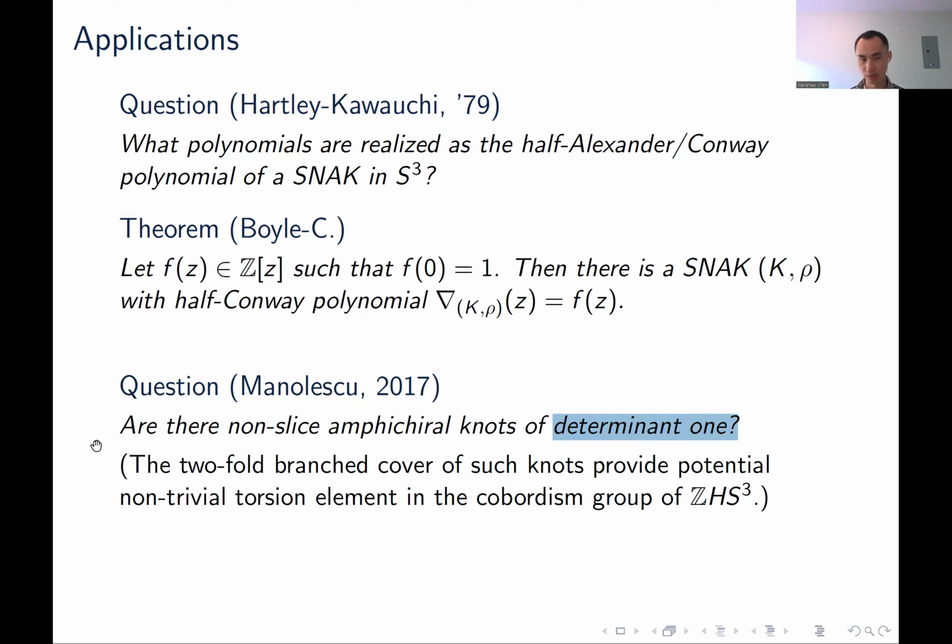One of the motivations for this question is that if such a knot exists, then the two-fold branched covers of these knots would provide potential non-trivial torsion elements in the homology cobordism group of integer homology spheres. And it's still an open question whether such a non-trivial torsion element exists.